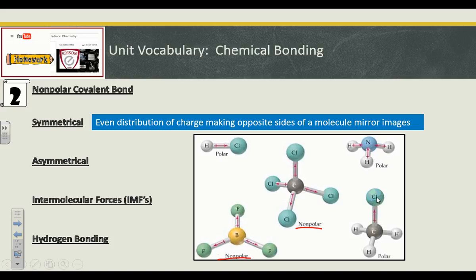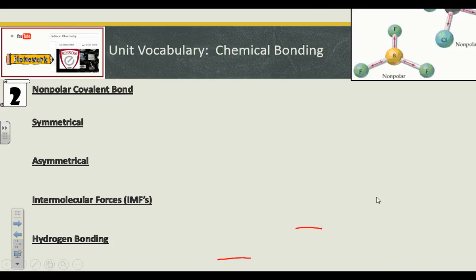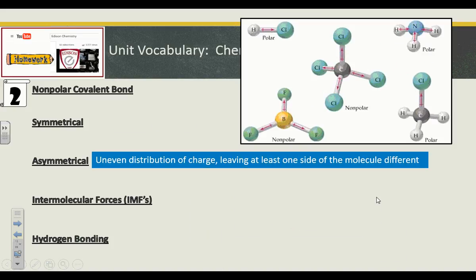The opposite is true for asymmetrical. It's an uneven tug of war. So we get this polar molecule, right? Chlorine's going to win. Nitrogen's going to win. It pulls all the electrons towards it. So you end up with lopsided molecules that we call, as chemists, polar molecules.